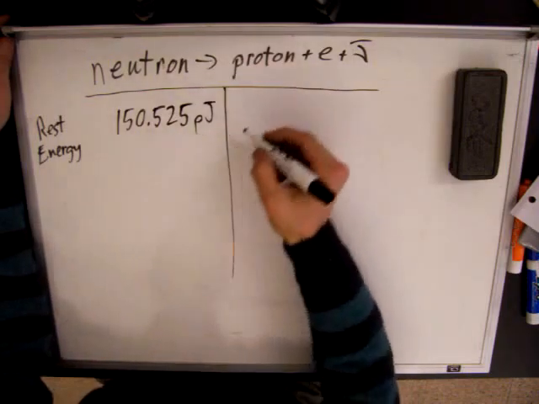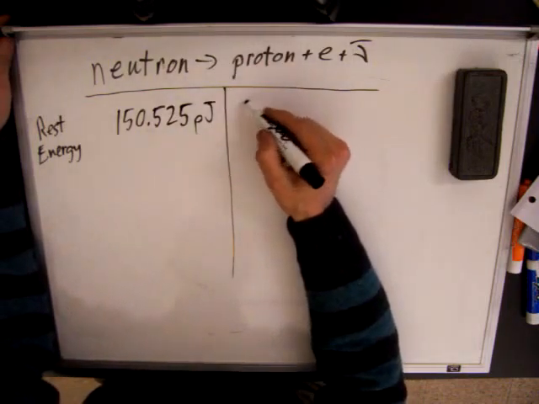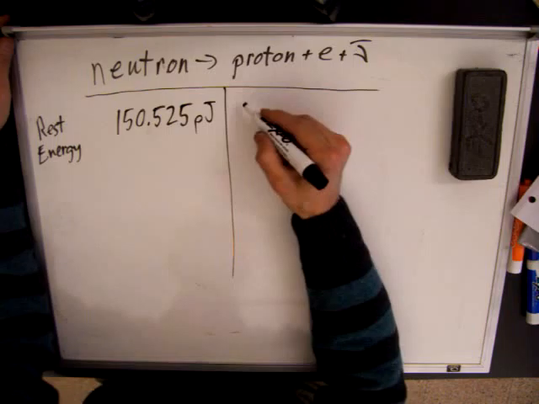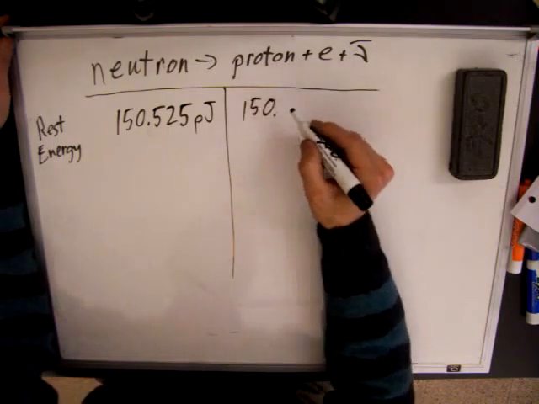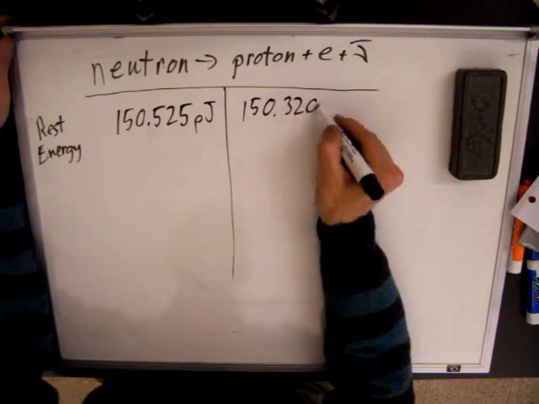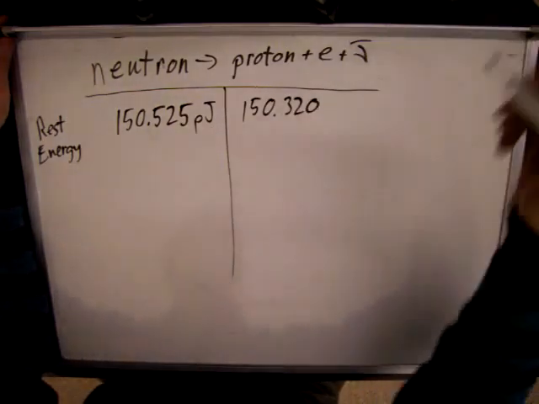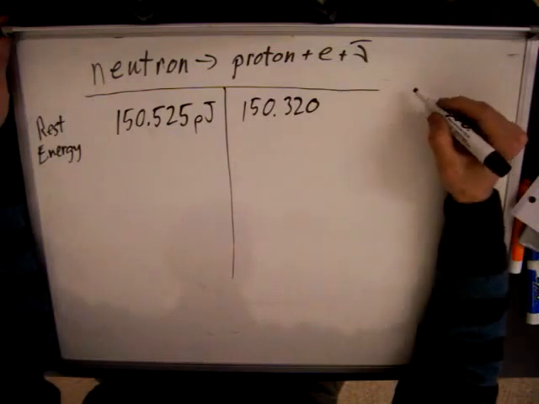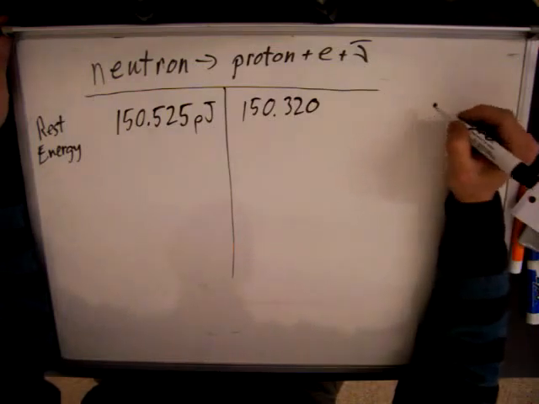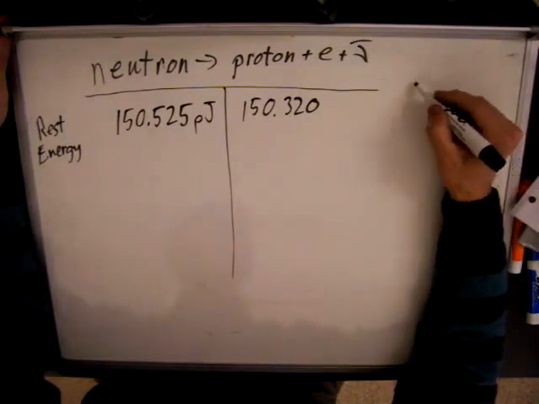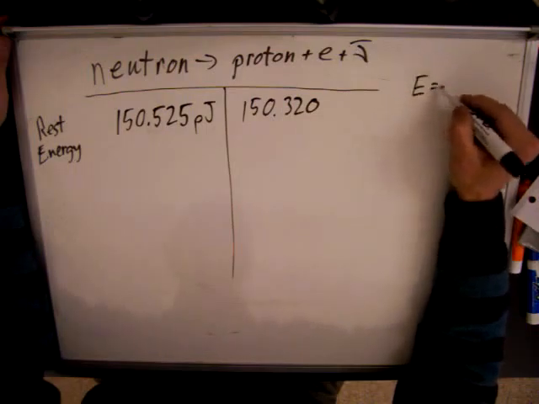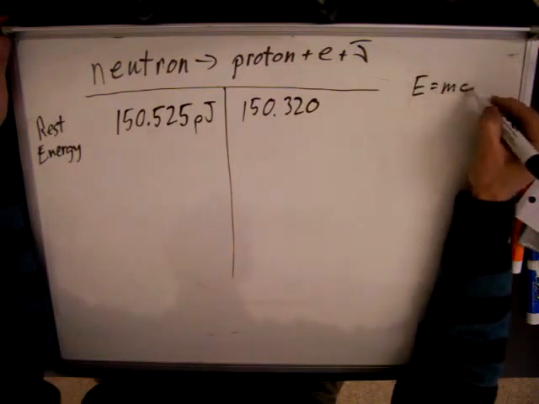So this is before. After the reaction, the proton has a rest energy of 150.320 picojoules. The electron has a rest energy, and again, the electron rest energy we get by multiplying the electron mass, which is written in your textbook, times c squared.